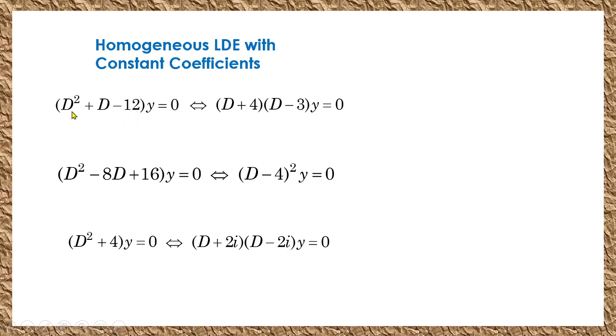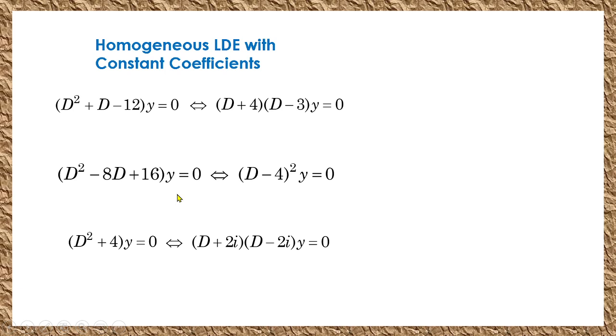And the factored form of D squared plus D minus 12 is D plus 4, D minus 3 applied to y equal to 0. And for D squared minus 8D plus 16 applied to y equal to 0, this is equivalent to D minus 4 quantity squared applied to y equal to 0. But remember, this is not really an exponent. It means order. So when I say D squared, it means the second derivative with respect to x.